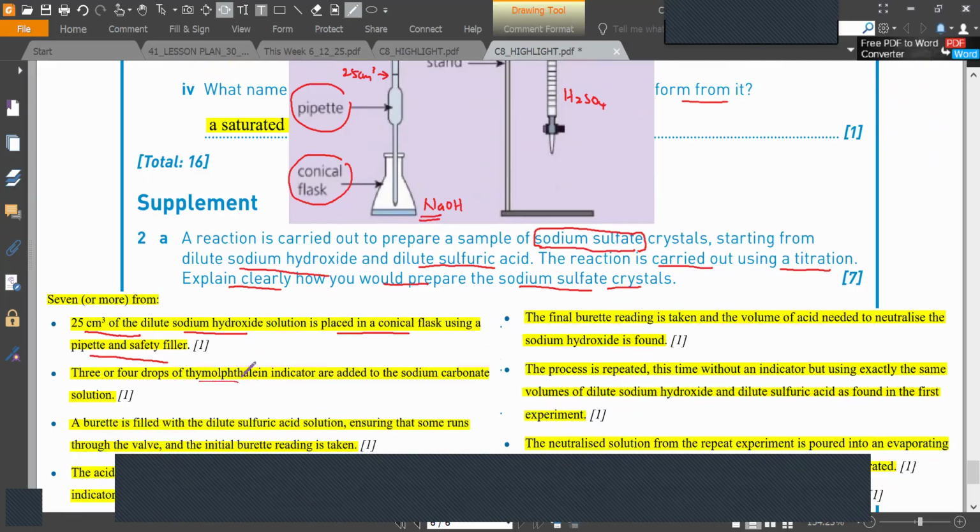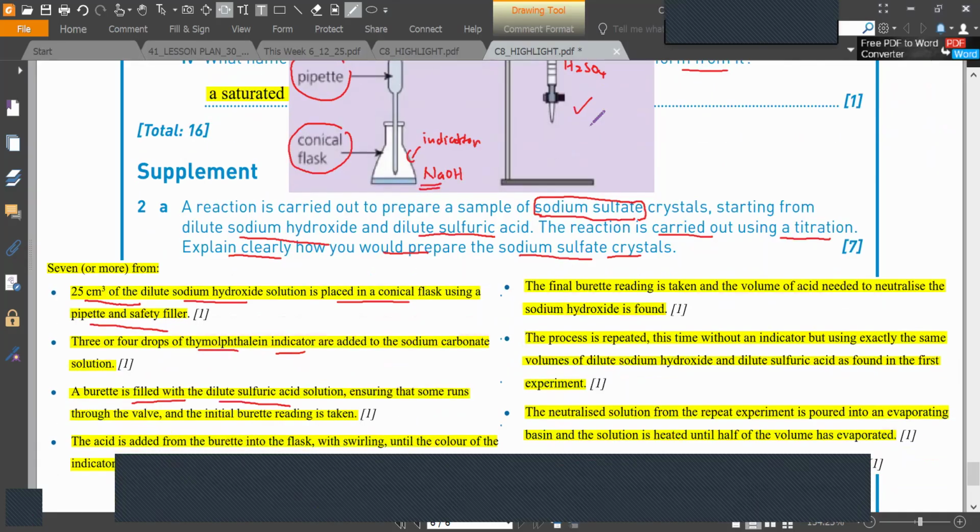3 or 4 drops of thymolphthalein indicator are added. The burette is filled with the dilute sulfuric acid solution, and some is run through the valve, and the initial burette reading is taken.